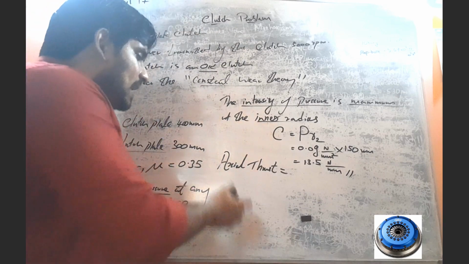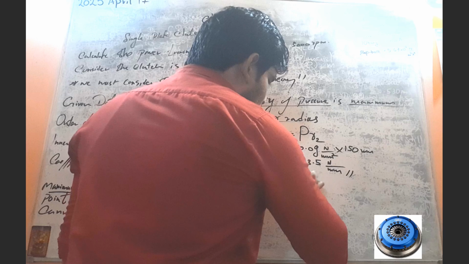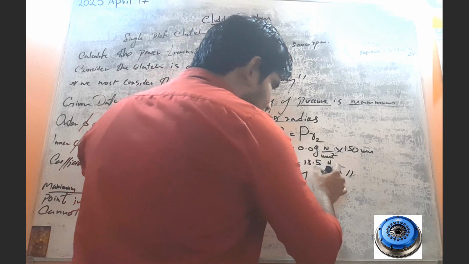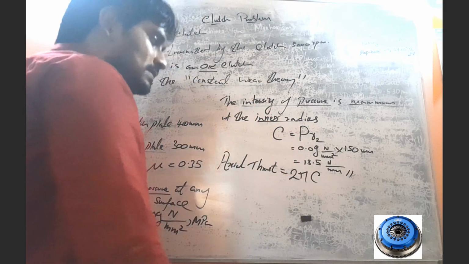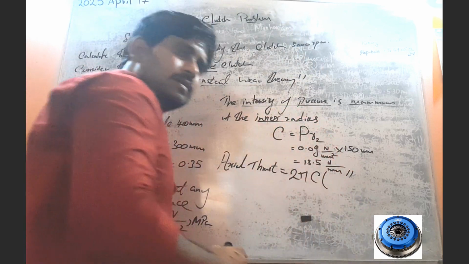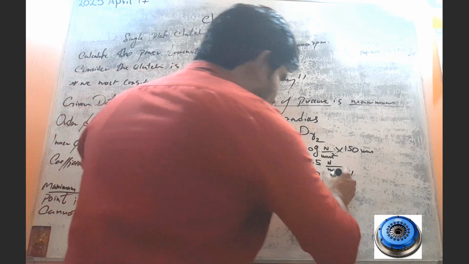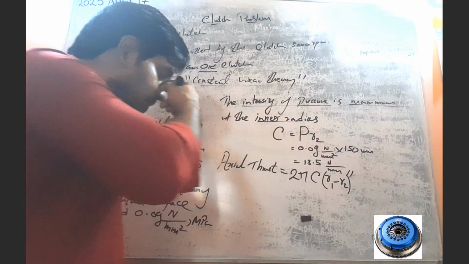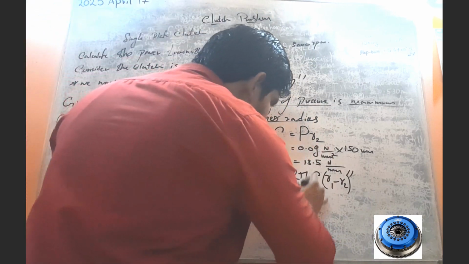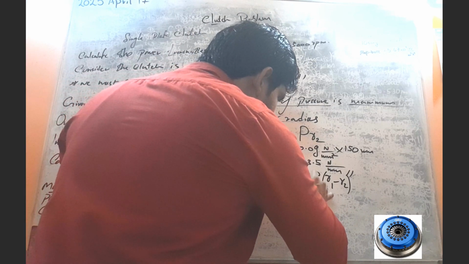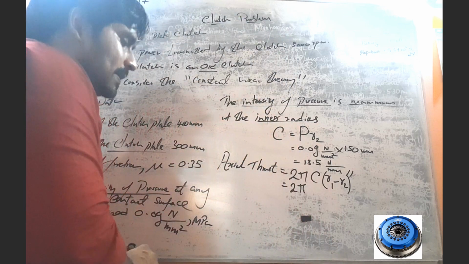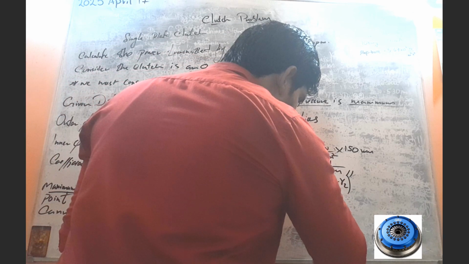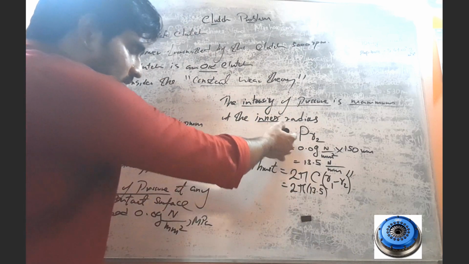What is the equation for the axial thrust? 2 pi times this constant C times the difference between the outer radius and the inner radius. So 2 pi, then 13.5, this C value.